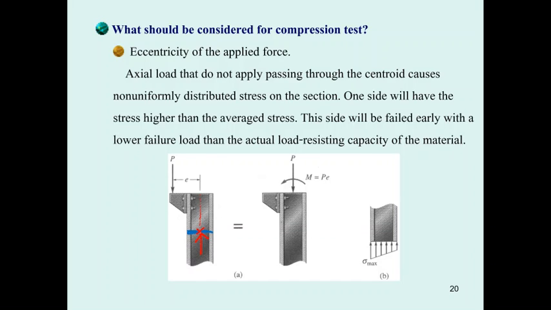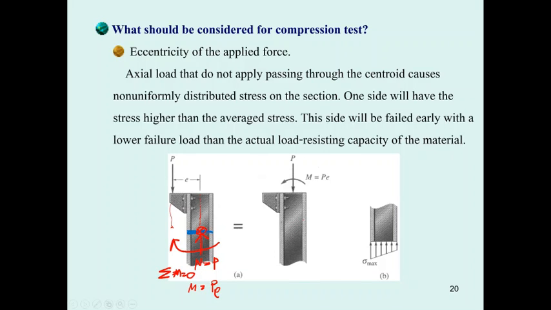And if you take the moment here, you may see this one is going to rotate like this. So you get the moment here. If you do the summation of F sub y equals 0, N equals P. And if you do the summation of moment equal to 0, M equals P times e.